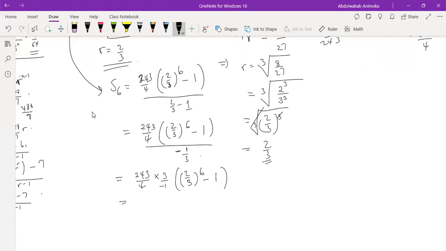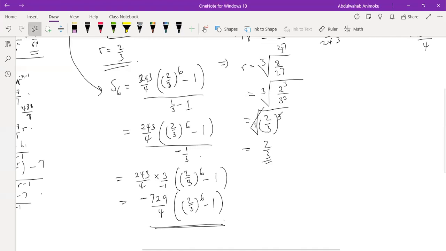So you can just use a calculator to punch the numbers to give you what you need. So I'll just simplify it to one more level, and then you can complete the problem using your calculator. Okay. So you have minus 729 here over 4 times 2 over 3 raised to the power 6 minus 1. This will give you the answer you are looking for.